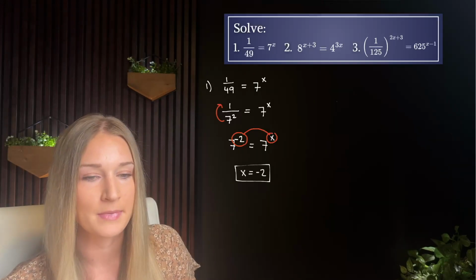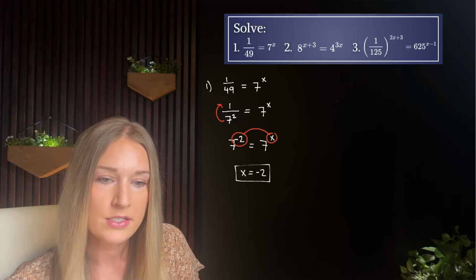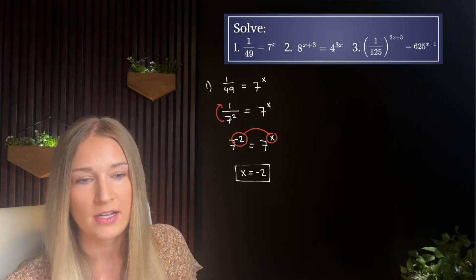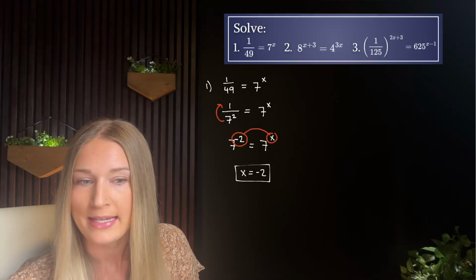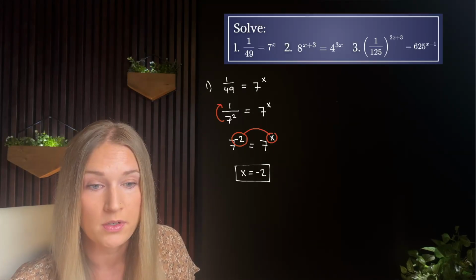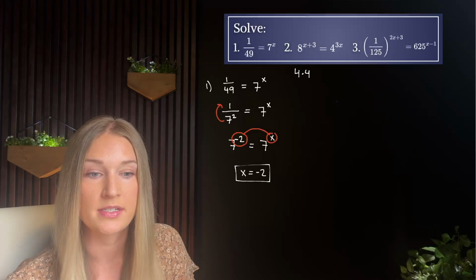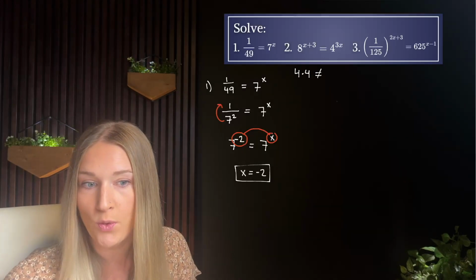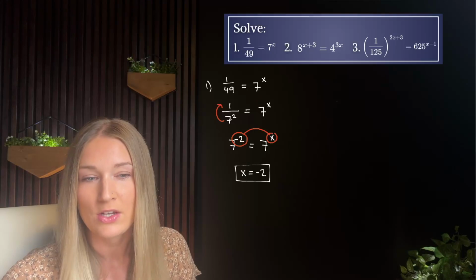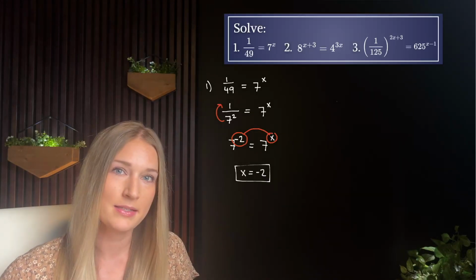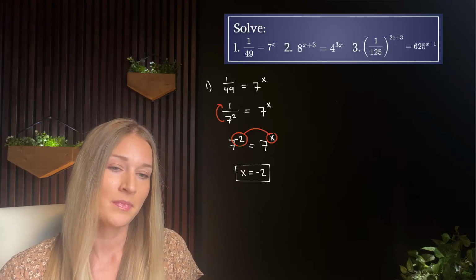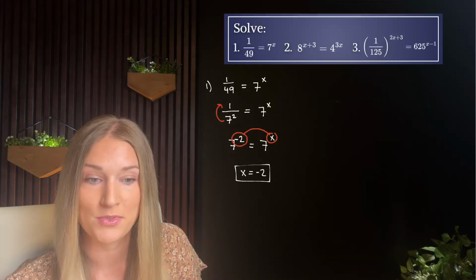Okay, let's do it again. Number 2, I need to rewrite my 8 and my 4 as the same base. If I look at 8, I can't break it down as a power of 4. 4 times 4 does not equal 8. So I'm not going to use 4s to rewrite my 8. So how do I make them the same base then? Well, we can change both the 8 and the 4. I know that 8 is 2 times 2 times 2.